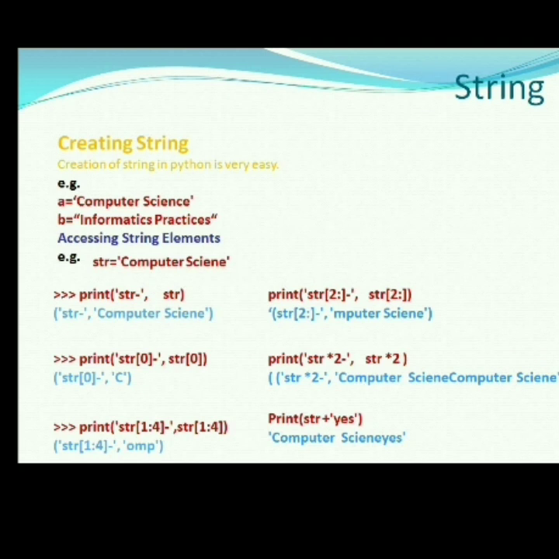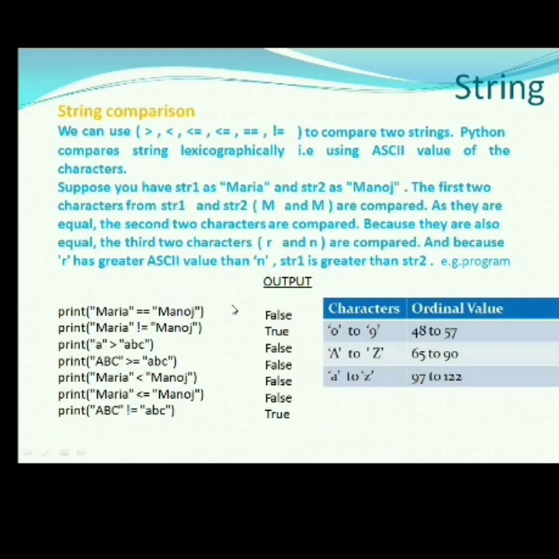Print str[0] will print C because C is at index 0. str[1:4] will print OMP.